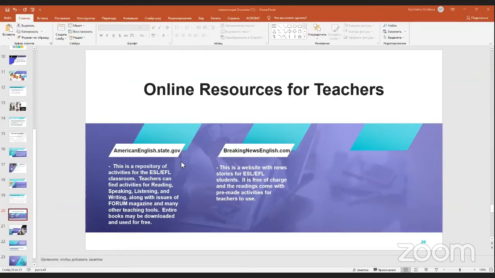Now we are going to look at finding materials. I have a couple of sites to share with you, like AmericanEnglish.State.gov and BreakingNewsEnglish.com, and you may know them already. Make sure to use them, and I still use them.